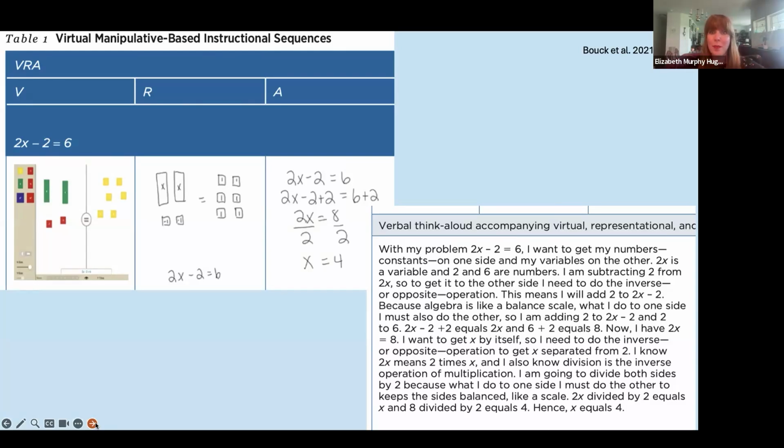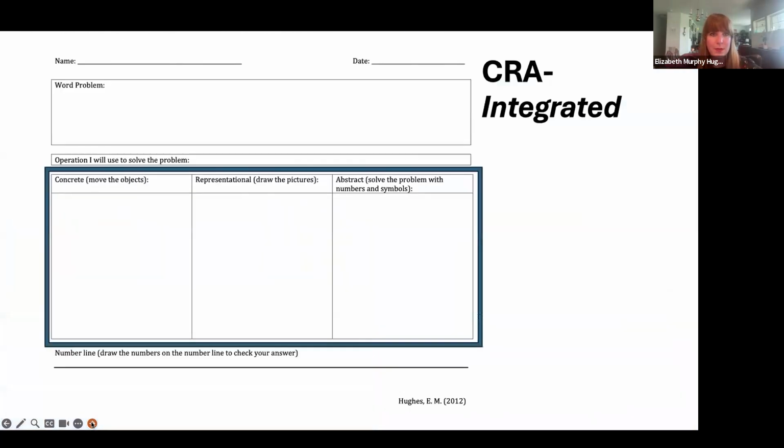So students are just drawing the pictures and then using the numbers and symbols. And students will eventually self-scaffold so that they may not be drawing as much, or they're only using the drawings and representations when they're thinking through the process in a different way. So I tend to see that students self-scaffold in that representation element.